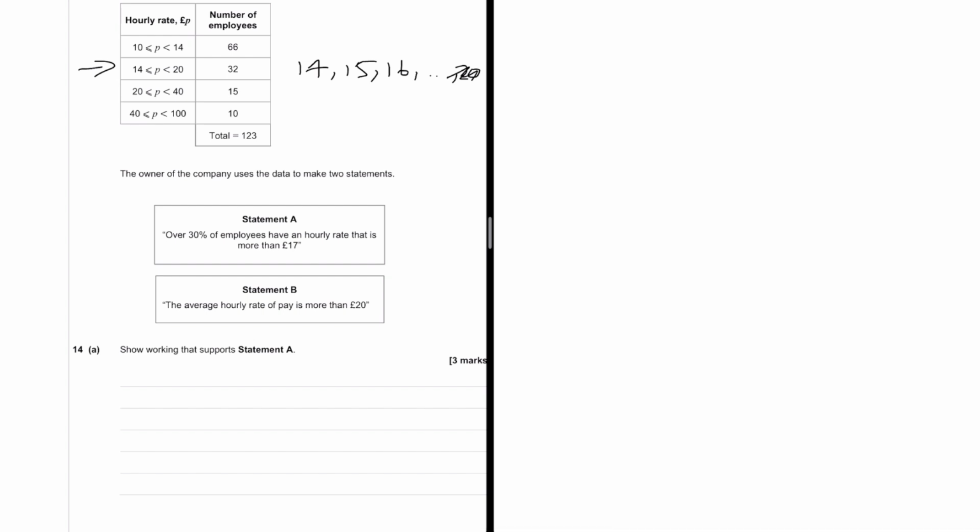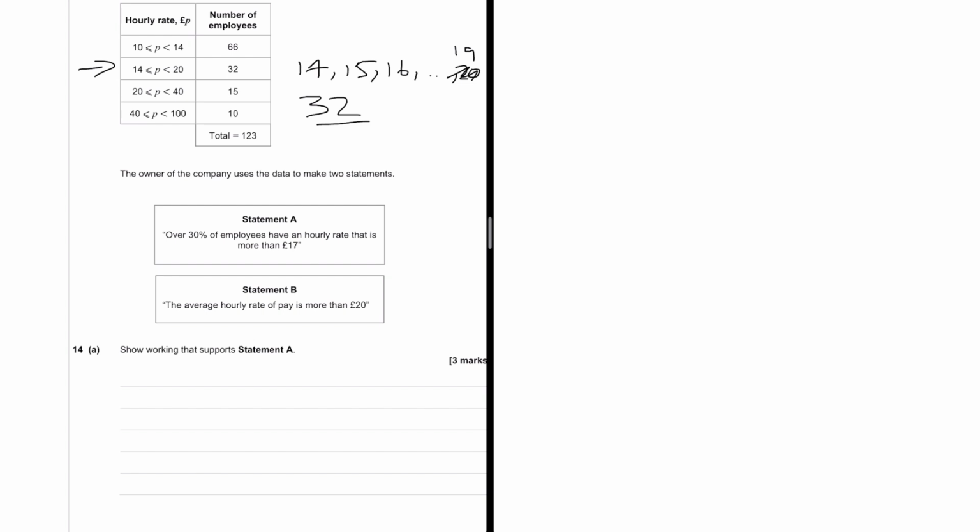What we're saying is each value is represented by an equal number of the employees in that range. So basically each value would have 32 over 6.